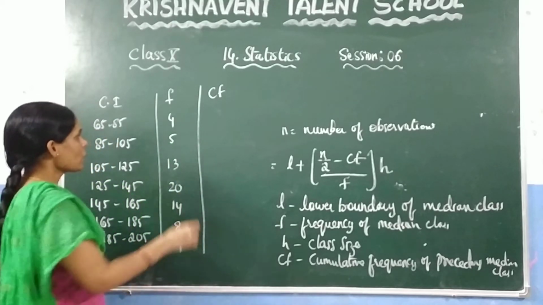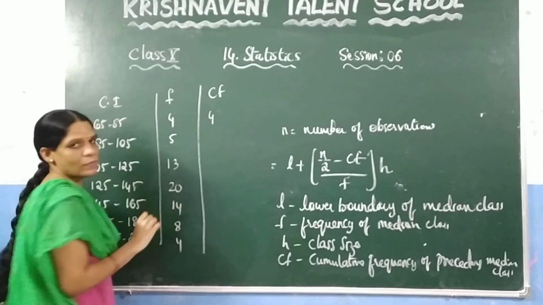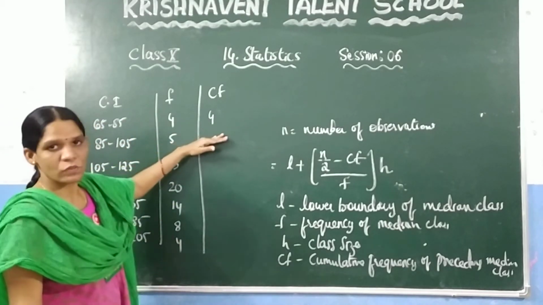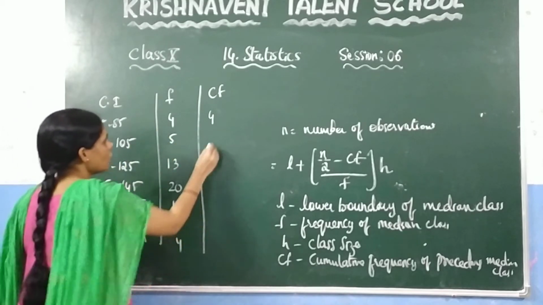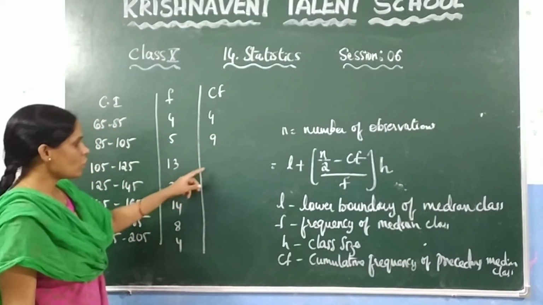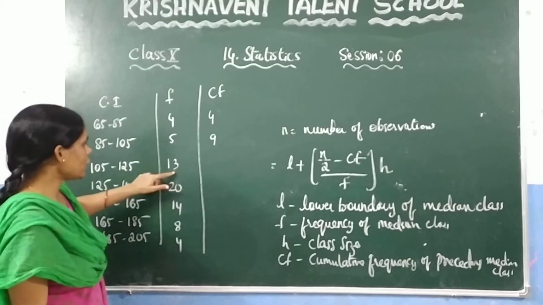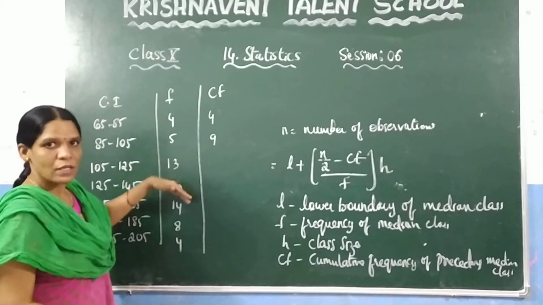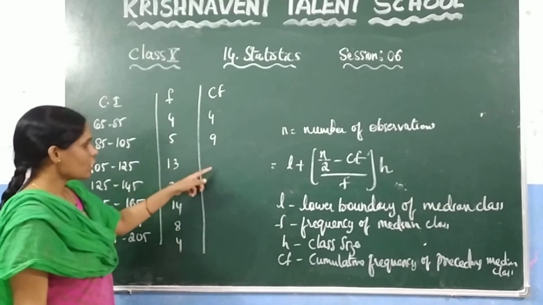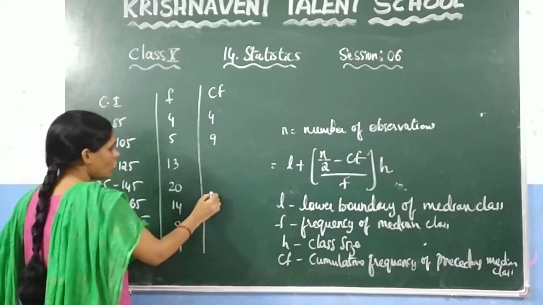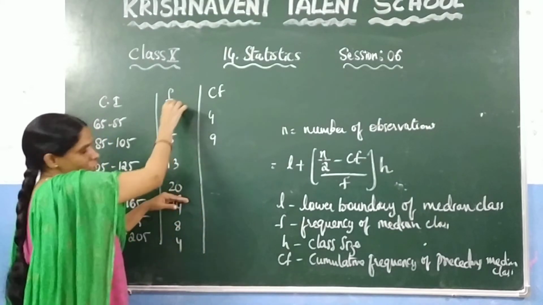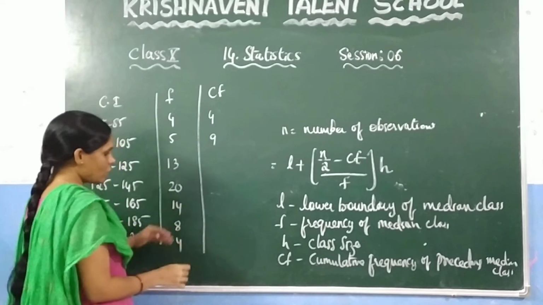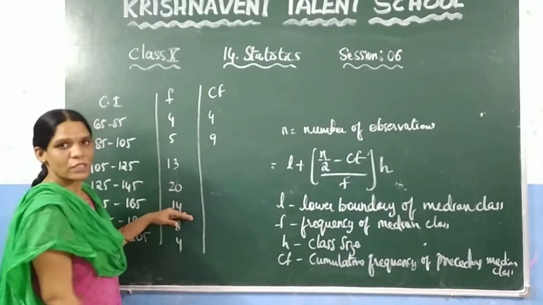That means you write 4 as it is, and if you add the next frequency, you get the cumulative frequency, which is 5 plus 4, giving 9. For the next one, you need to take the sum of all the preceding frequencies.